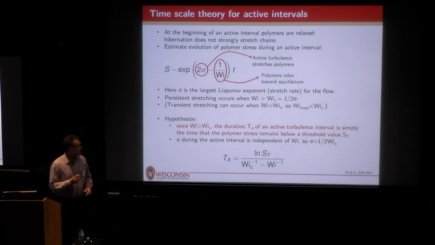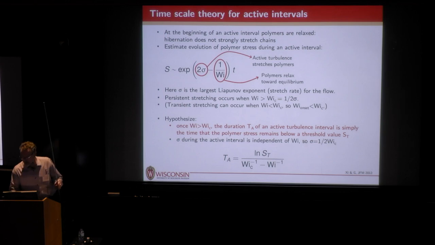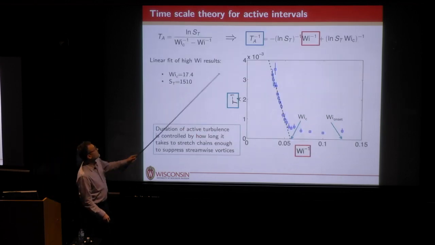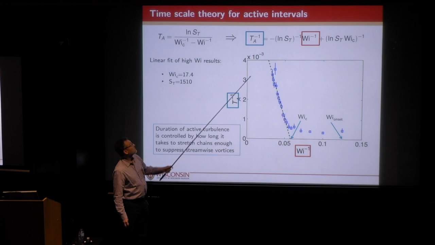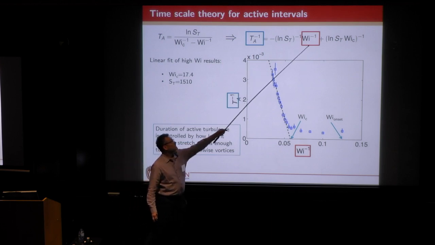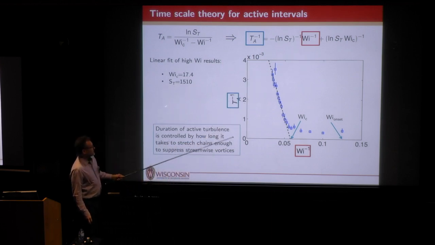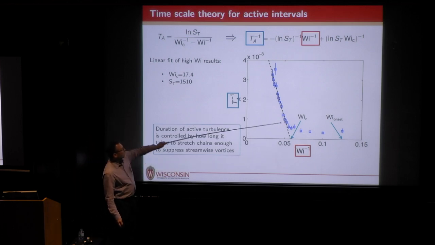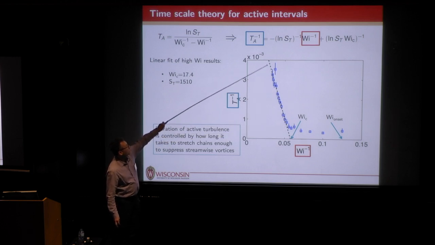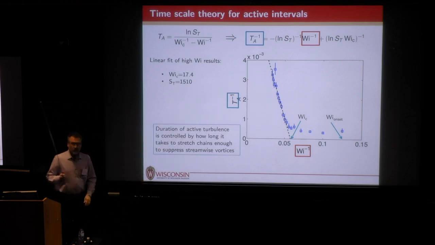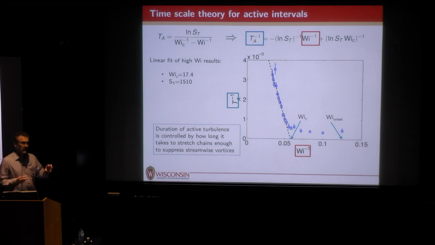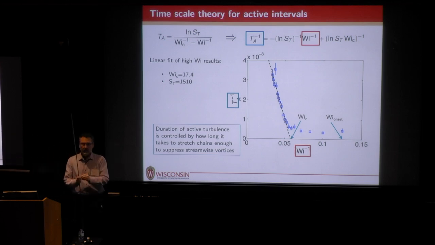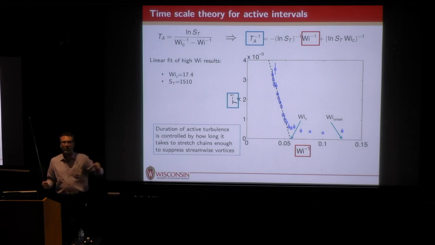If you do that, you can replot the result as linear: the inverse of the duration is a linear function of 1 over the Weissenberg number. Here's a plot of those two quantities, and above some critical Weissenberg number you get a straight line. So the duration of these active turbulence intervals is just controlled by how long it takes to stretch the molecules out to some threshold value. That's a simple toy physical model for what's going on here.